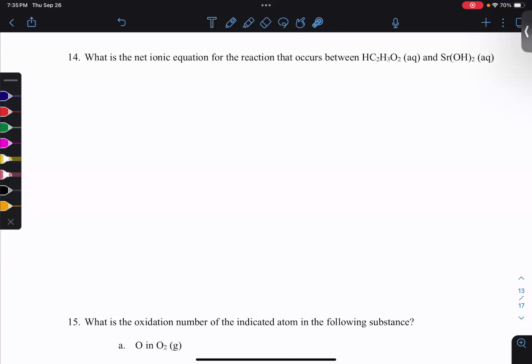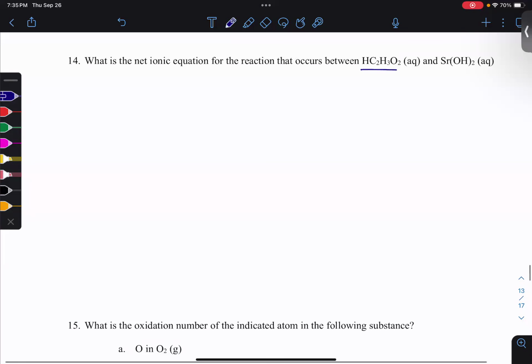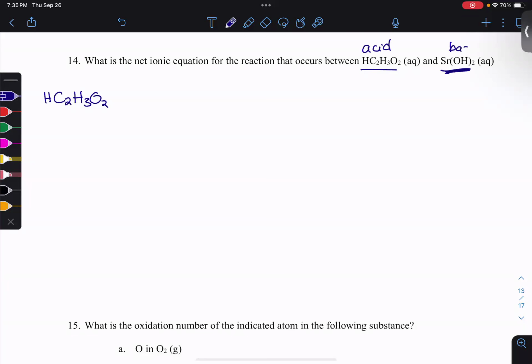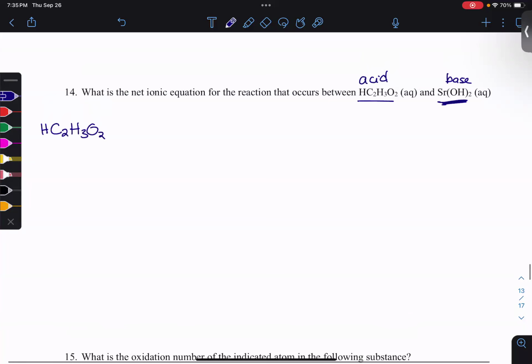So we are reacting acetic acid, HC2H3O2. There's my acid. Strontium hydroxide, that is my base. Acids donate H pluses, bases donate hydroxide. Okay? So we're reacting these two things together.